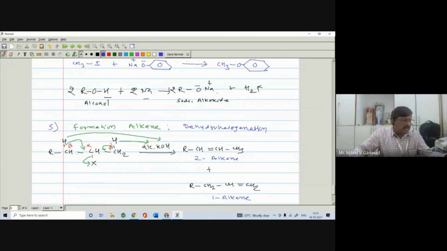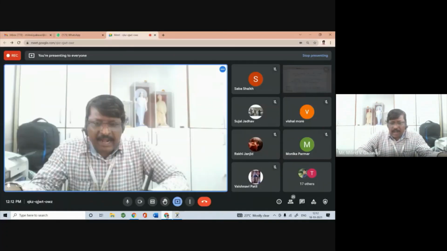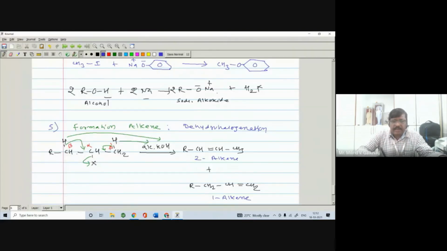Now, the question arises: which is the major compound and which is the minor compound?